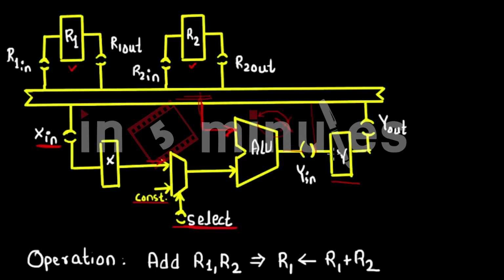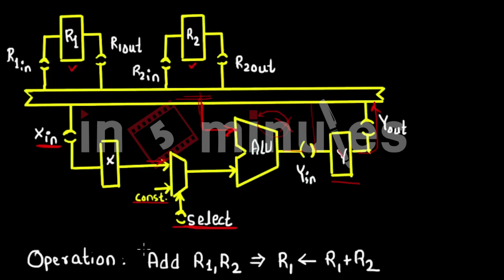That is why this Y register is connected as the output of the ALU. So we can store the result of the ALU in the Y register, and in the next cycle we are going to put this result on the CPU bus using the Y out signal. So these are the components and their control signals.